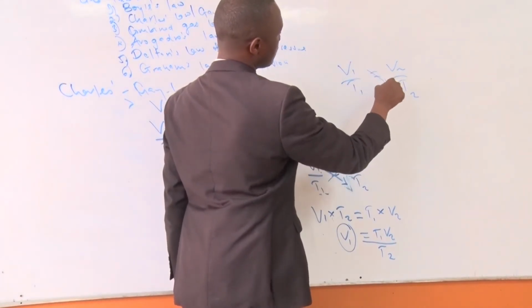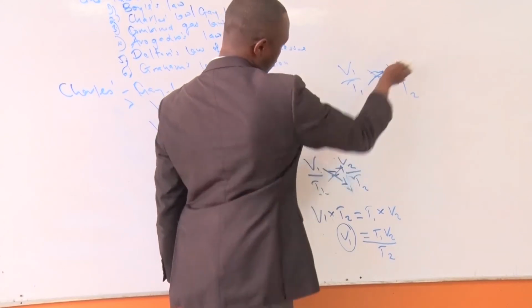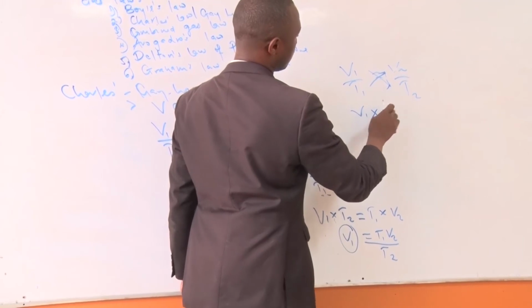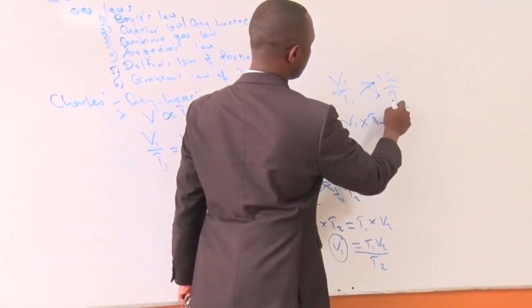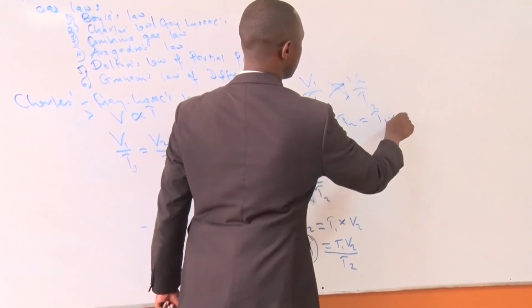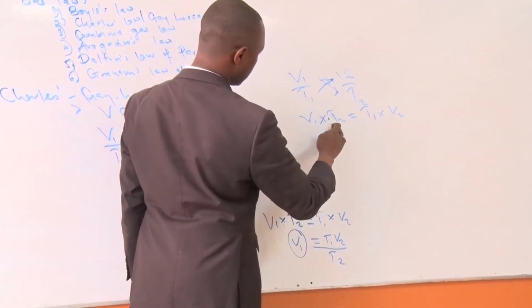So V1 times T2 is equal to T1 times V2. We are looking for T1.